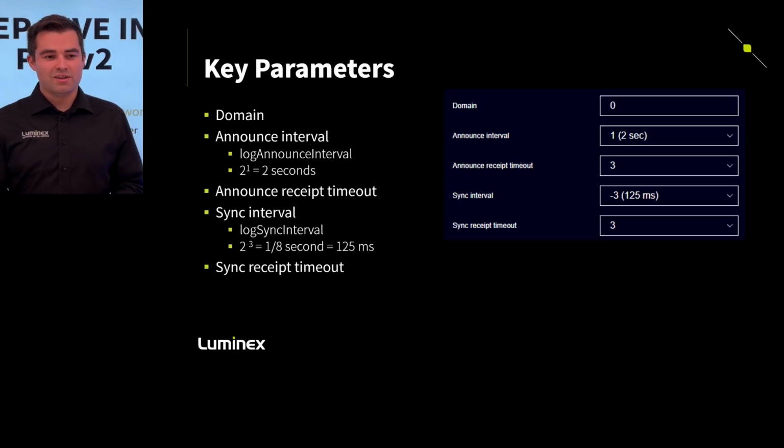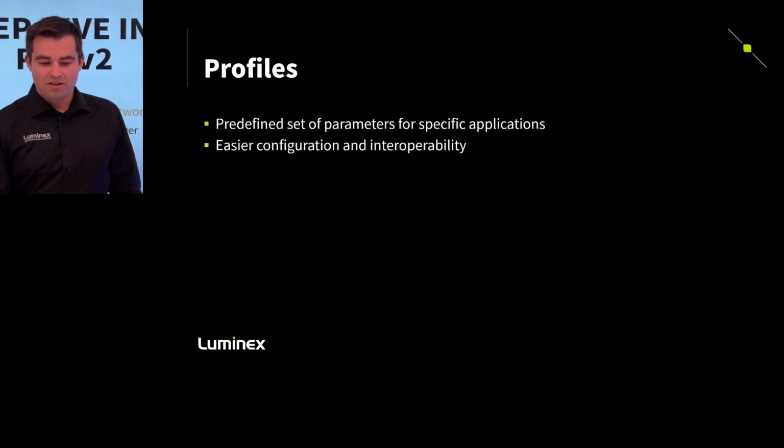With the sync interval, a higher rate of sync packets will result in more accurate timing because the devices will update their internal clock more often. But it will also result in more load on the grandmaster because it will need to handle more delay request and response messages.